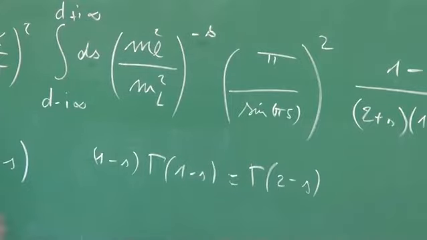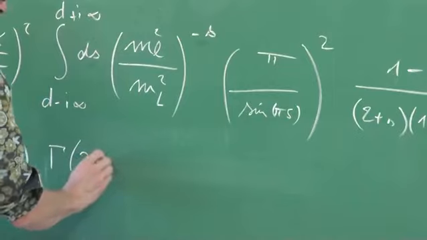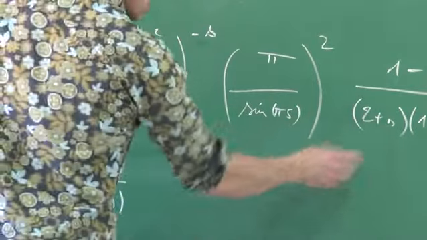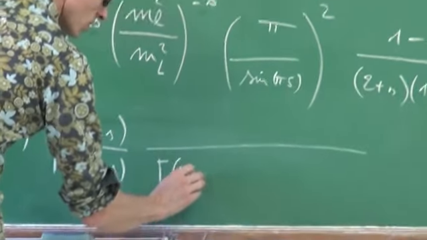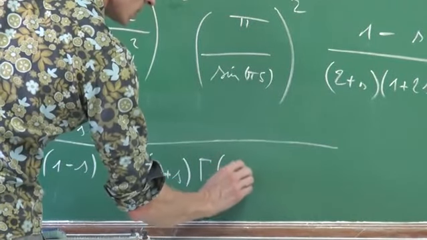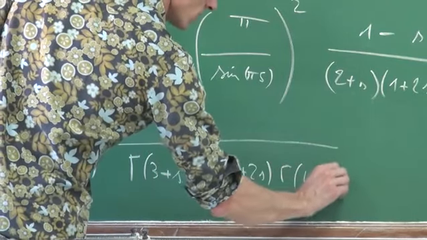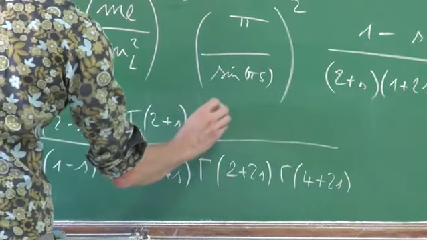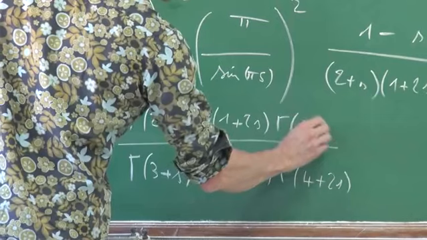So this is gamma 2 minus s divided by gamma 1 minus s. And the same for the others. Gamma 3 plus s times gamma 2 plus 2s times gamma 4 plus 2s. And here I have 2 plus s, 1 plus 2s, and 3 plus 2s.